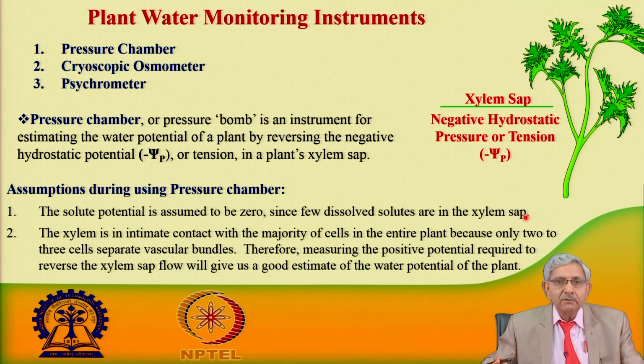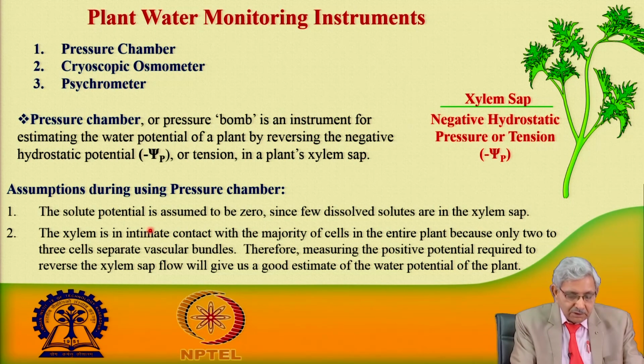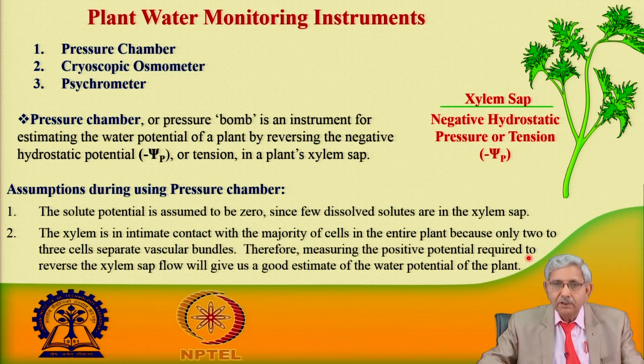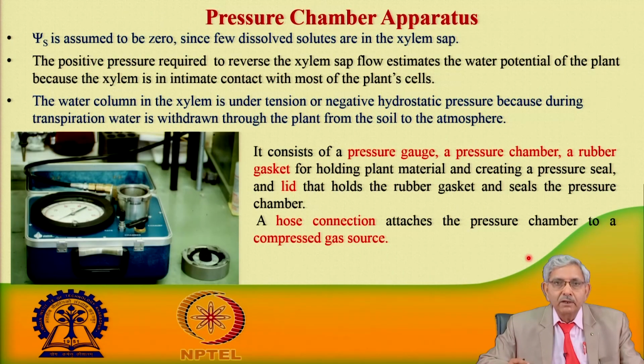What is xylem? Xylem is in intimate contact with most of the cells in the entire plant, because only 2 to 3 cells separate vascular bundles. Therefore, measuring the positive potential required to reverse the xylem sap flow will give us a good estimation of the water potential of the plant.